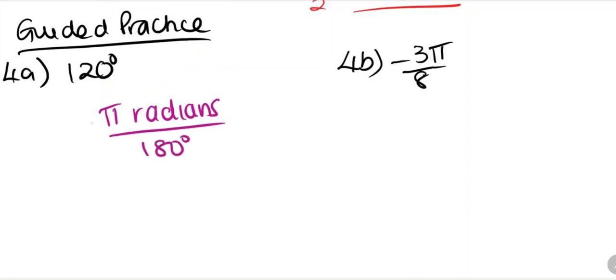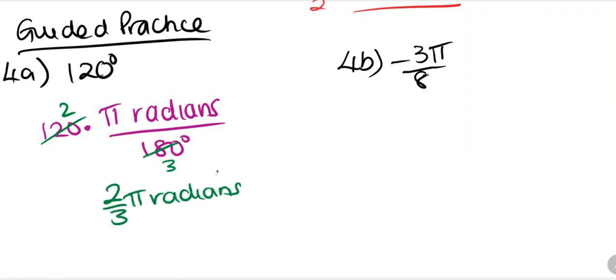We multiply it by the degrees and look for common factors. We can divide both by 60. 60 will go into 120 twice, and into 180 three times. So we're left with 2/3 pi radians. So 120 degrees is equal to 2 over 3 pi radians.